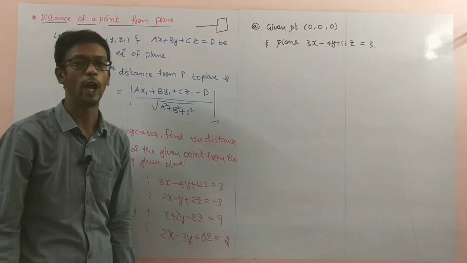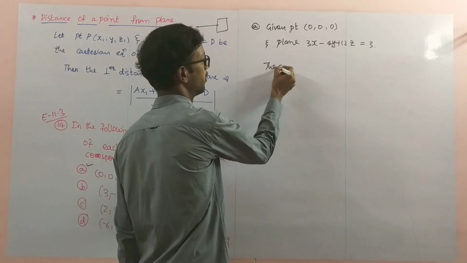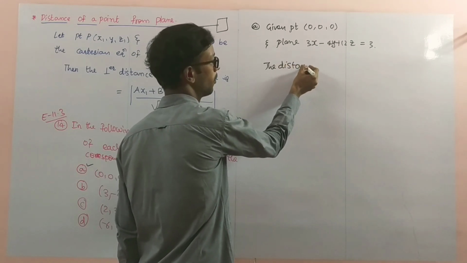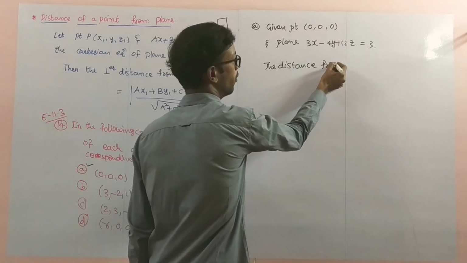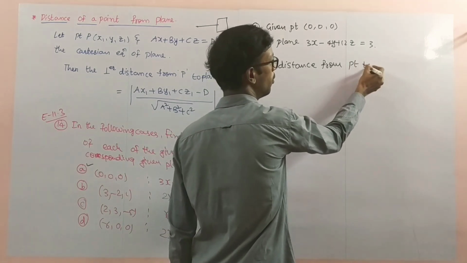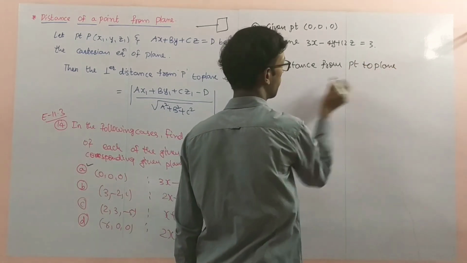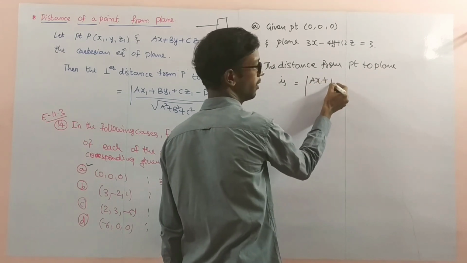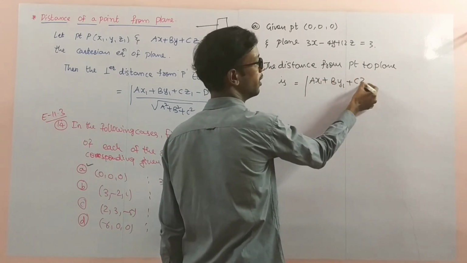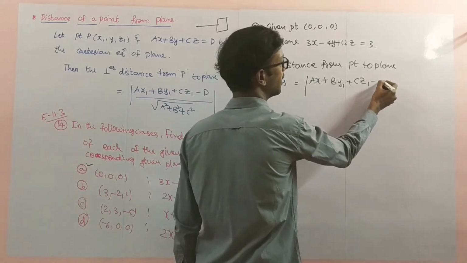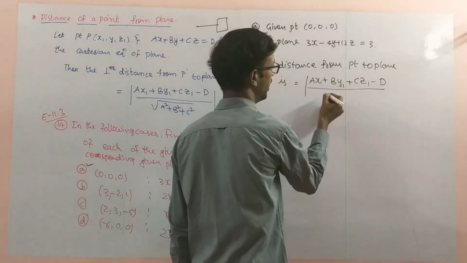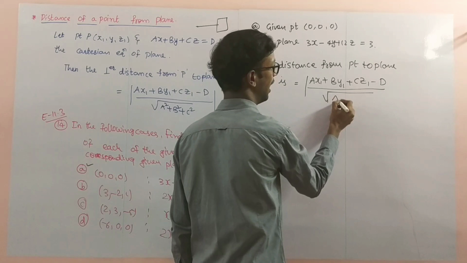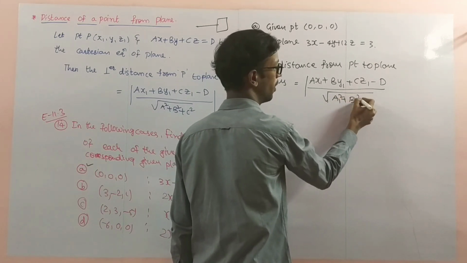The distance from point to plane is ax1 plus by1 plus cz1 minus d divided by square root of a square plus b square plus c square.